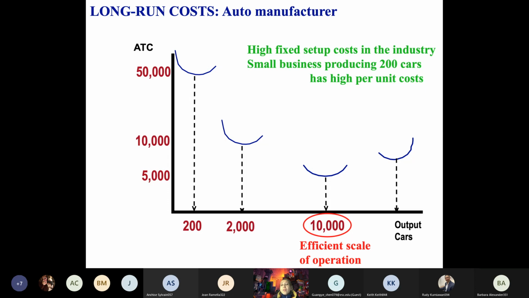So what if 10,000 is your sweet spot where you minimize the cost of production? So quite possible, right? That there is some scale of operation where you can minimize your long-term average cost of production, long run cost of production, not just short run at each scale of operation, but in general.